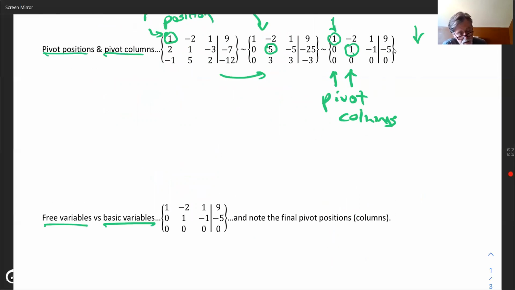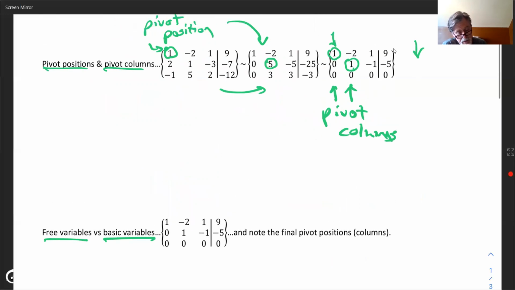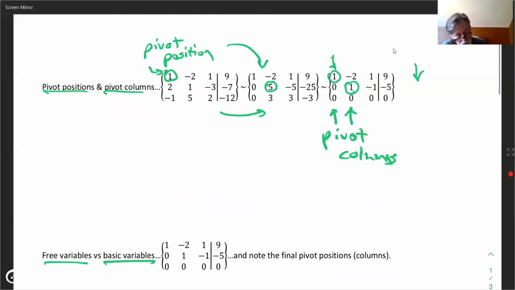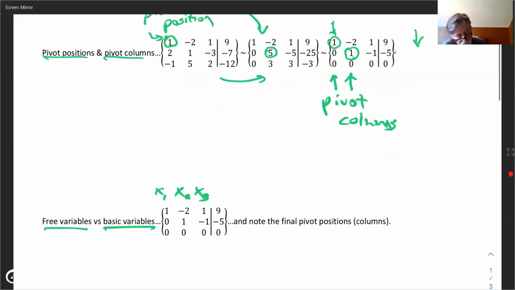Well, now let's talk about free variables and basic variables versus pivot positions and columns. If this were, say, this system up here, x1, x2, and x3, let's write that in. This is the x1 column, x2 column, x3 column. These 2 guys have pivots, and hence they're called basic variables. You're going to hear a lot about the other guy, though. I'm going to put him in another color because he's special.